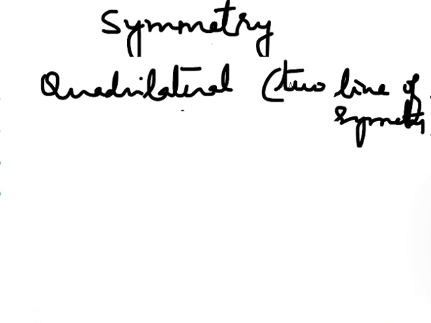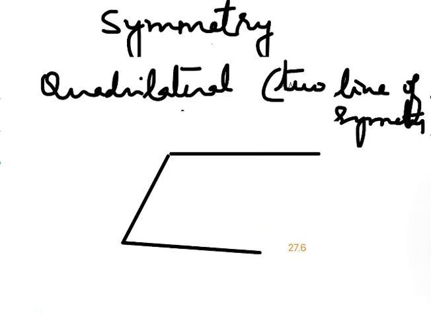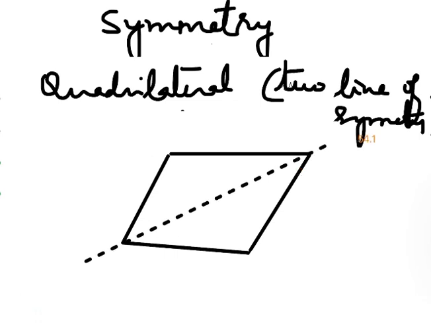On the other hand, if you take a rhombus. Wait, no, this is not a rhombus. This is a trapezoid. Or a trapezoid works too. Here, the lines of symmetry: this is symmetrical about the diagonal, and this one is symmetrical about the other diagonal.